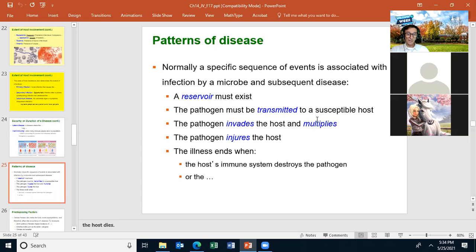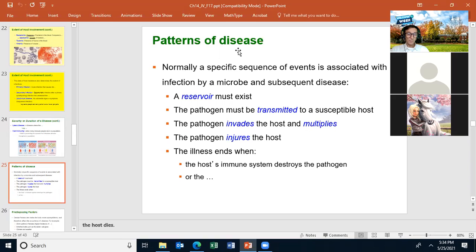If it goes to a non-susceptible host, the patient will not be infected. An example of a non-susceptible host is someone who's immune to that disease. The pathogen must invade the host and must multiply in the host. And further, the pathogen must injure the host.